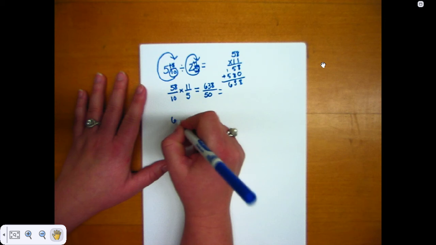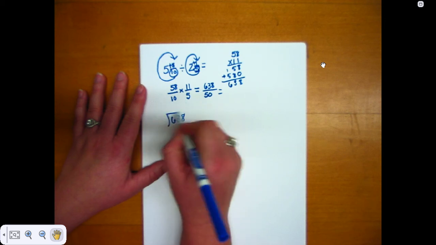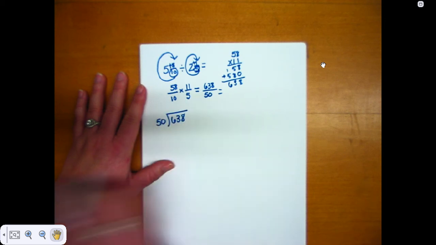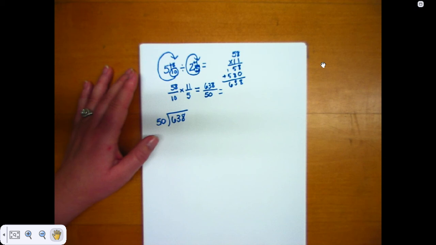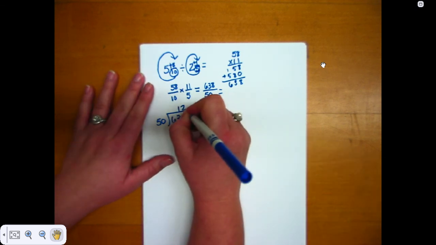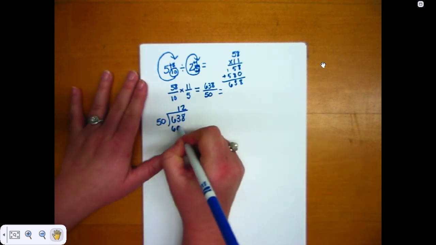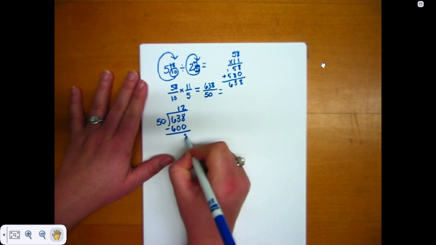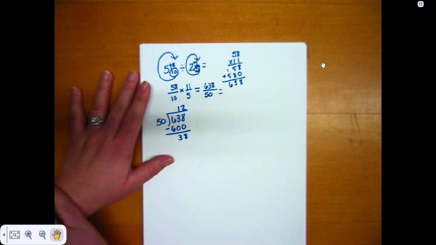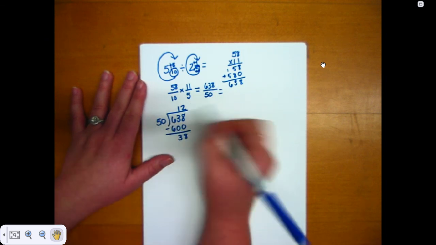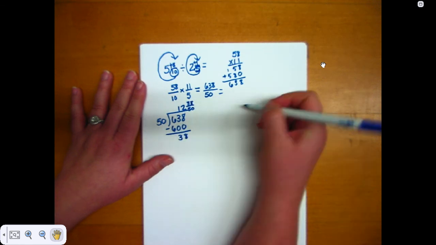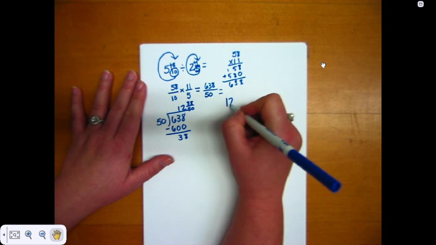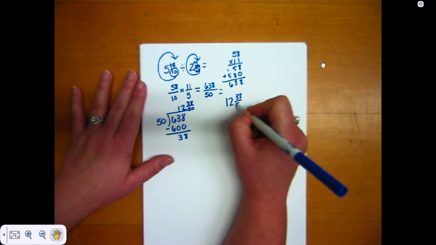So we have 638 divided by 50. I know 12 times 5 is 60, so I know that 12 times 50 is going to be 600. So I'm going to put 12 up here, and I'm going to be left with 38. And 38 is less than 50, so it's my remainder, 38 over 50. So I'm left with 12 and 38 fiftieths.